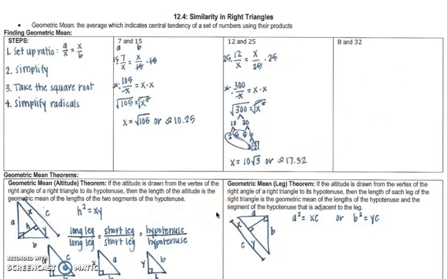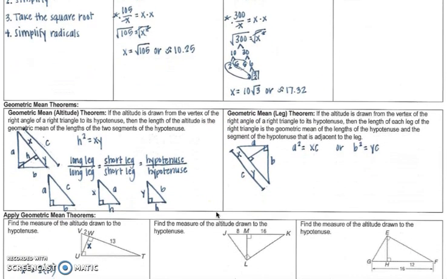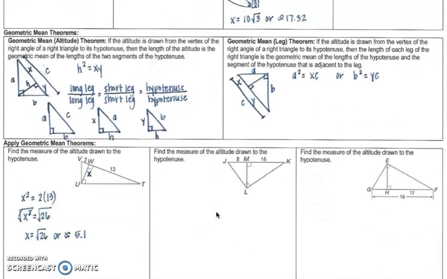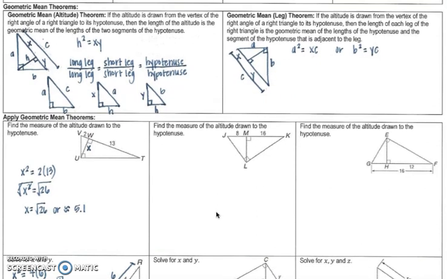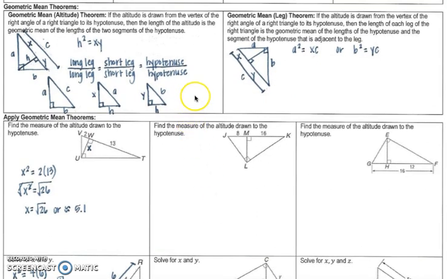Okay, below that we have two geometric mean theorems. And what I wrote in box 1 is really just some extra information, just in case you forget, I guess. So the first one is the geometric mean using the altitude theorem. And I will let you read that, but the important thing is that the altitude is the geometric mean, the last statement here, of the lengths of the two segments of the hypotenuse.